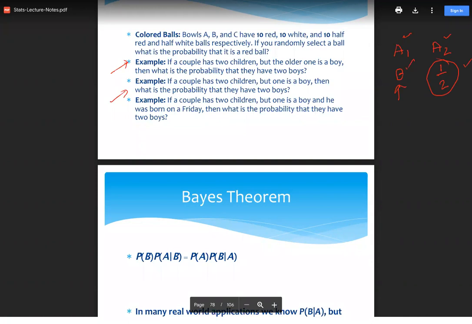A couple has 2 children. You know that one of them is a boy. What is the chance that they will have 2 boys? Anybody else wants to participate in the conversation? Nobody?